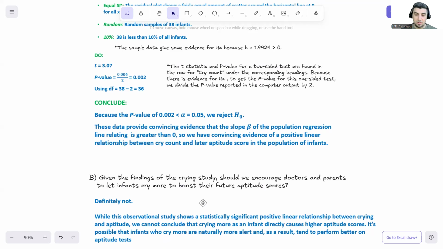It's possible that infants who cry more are naturally more alert and as a result tend to perform better on aptitude tests. And I'm sure there could be hundreds of other ways that we could explain this relationship rather than determining cause and effect.